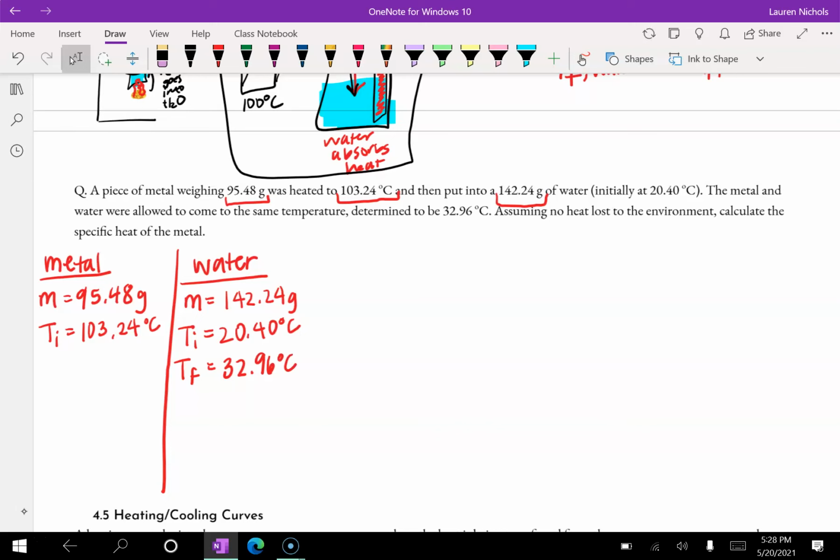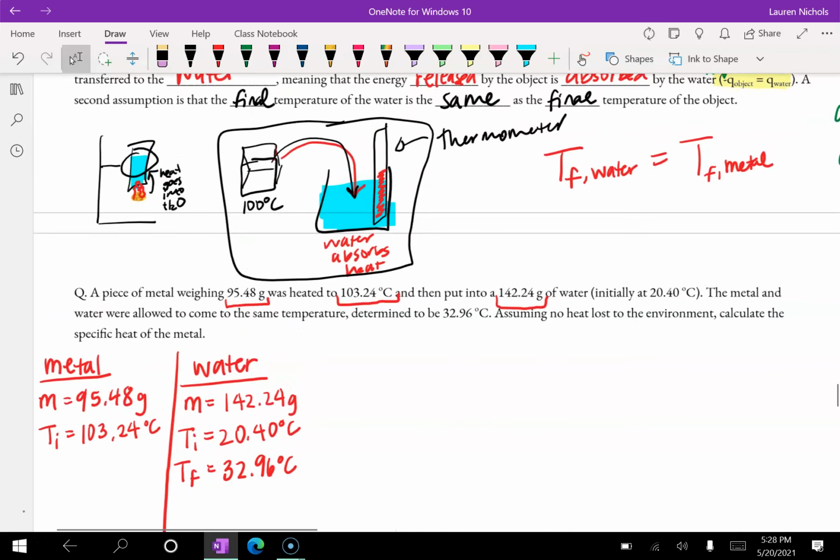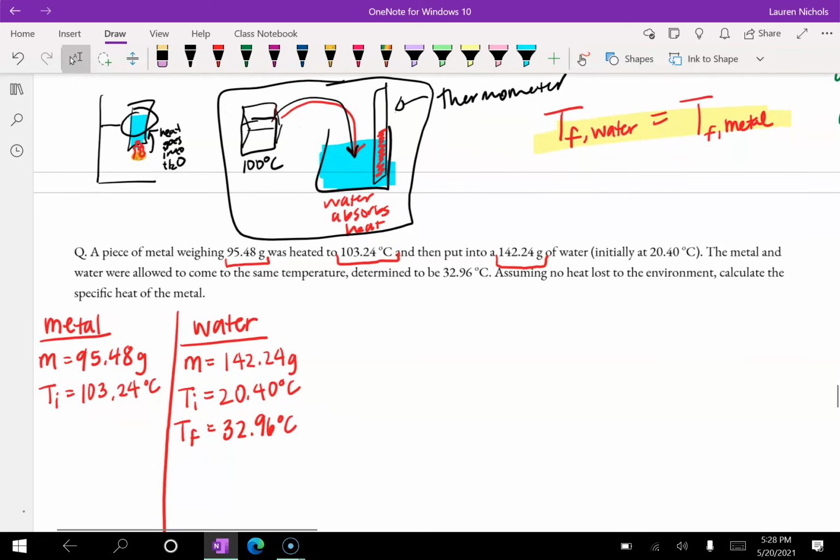And here's the thing, they tell you it's the same temperature, but also remember, for our experiment, we said that the metal and the water have to be the same final temperature. So that means I can also put that in my metal category. So it's 32.96 degrees Celsius. So we see that over time, the metal cools down. It goes from 103 to 32 degrees, whereas the water heats up. It goes from 20 to 32 degrees.